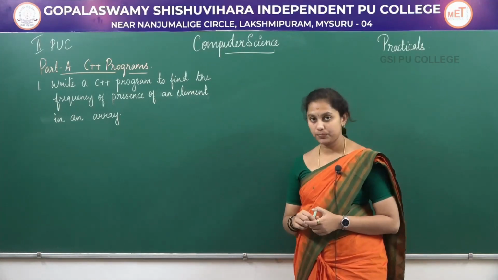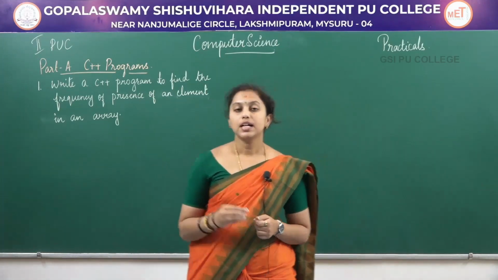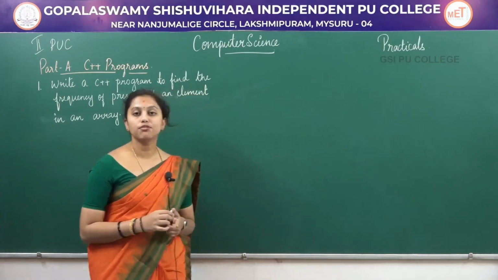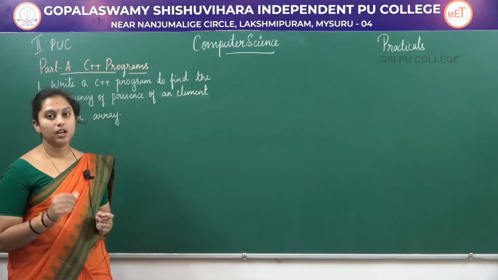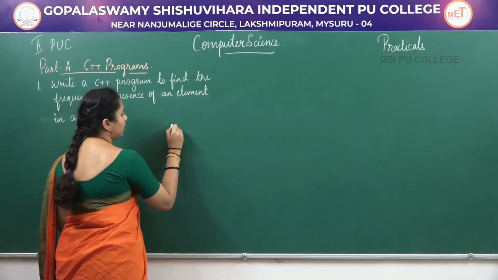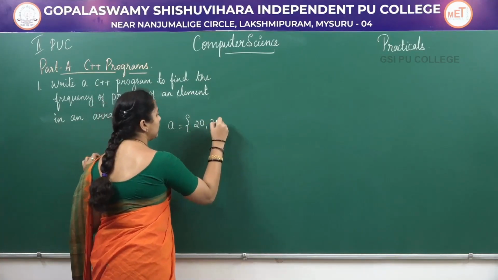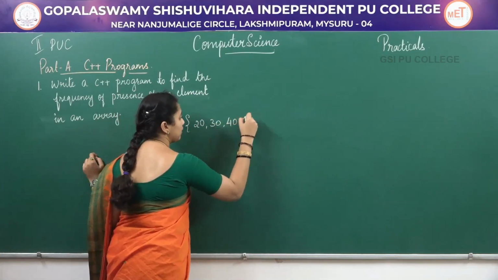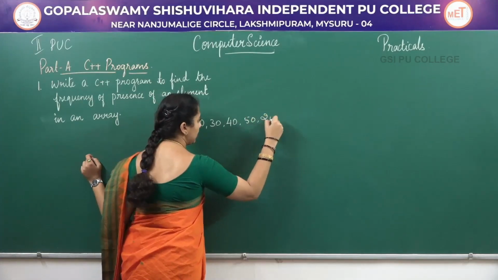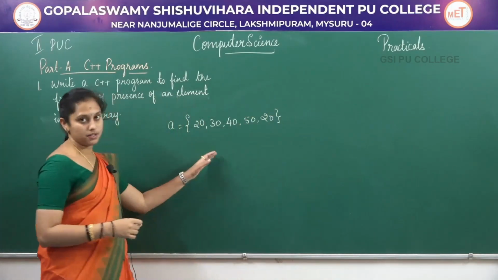element in an array. The agenda of this program is to count the occurrence of an element in an array. Consider an example. Array A contains 20, 30, 40, 50 and 20 as its array elements.